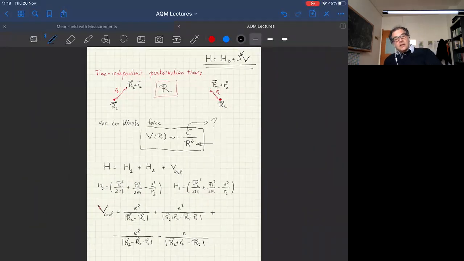So this is the initial problem for charges with kinetic and Coulomb interaction. Can you see something which looks like a small parameter in this problem?